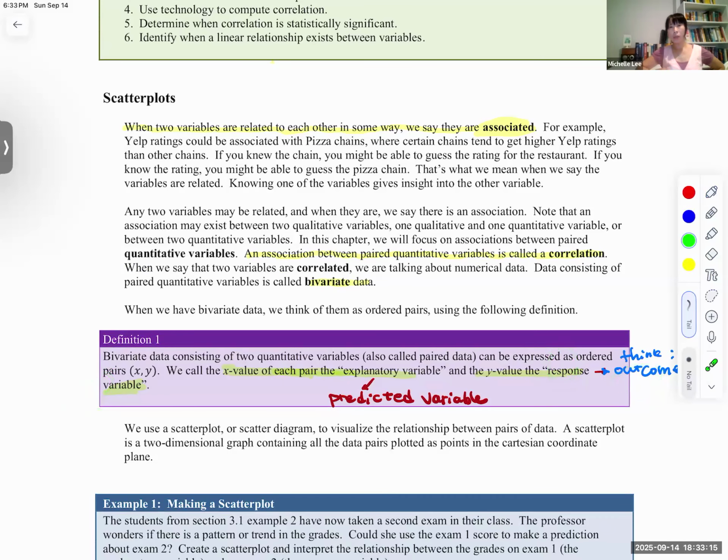Previously, when we talked about designing an experiment, we also had explanatory and response variables, which means cause and effect. Correlation is not cause and effect. It's about association. We still have the explanatory variable, the predictive variable, and then the response variable. Make sense?